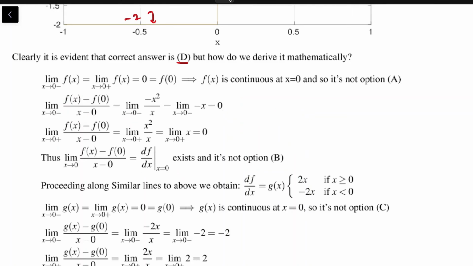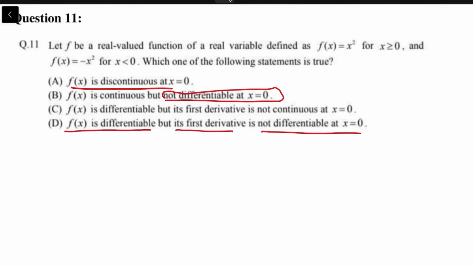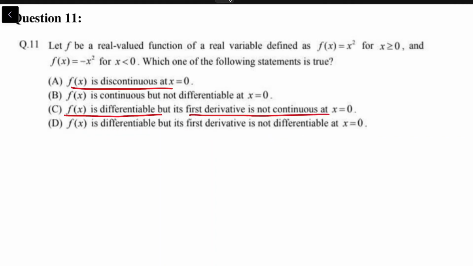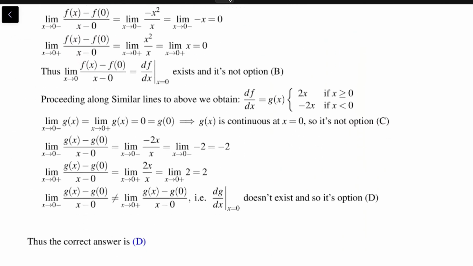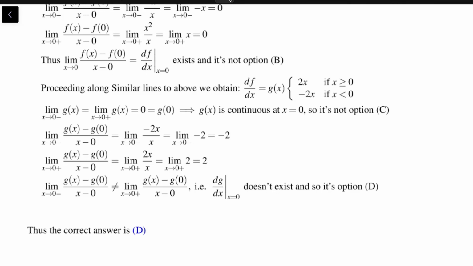Option C says that f of x is differentiable, but the first derivative is not continuous at x equal to 0. So yes, we have established differentiability at x equal to 0. So let's look at the function g of x is equal to df by dx.